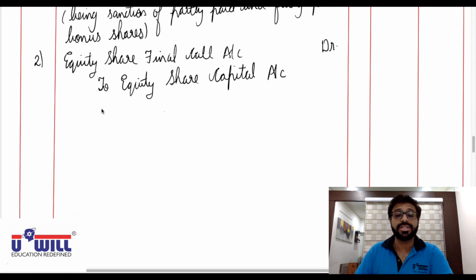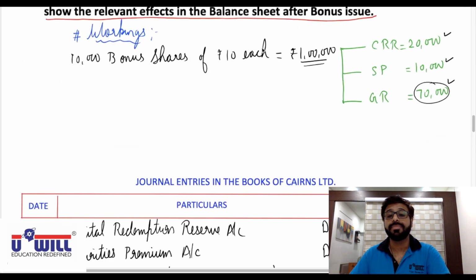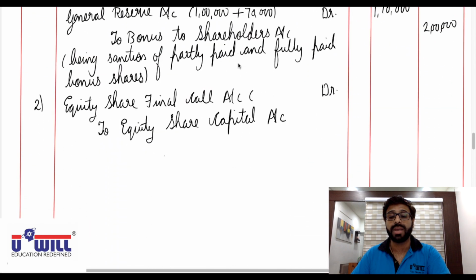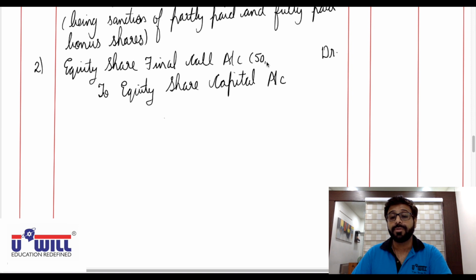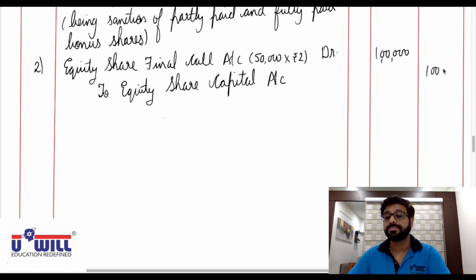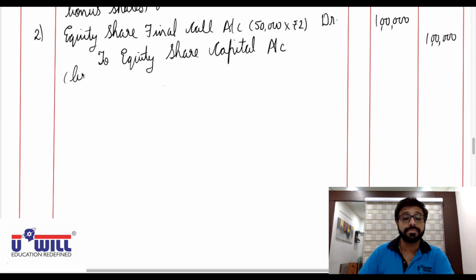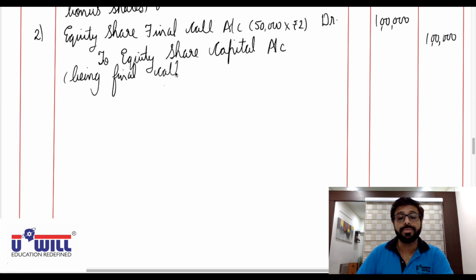Now what amount equity share final call to equity share capital? Same 1 lakh. 50,000 shares into 2 rupees of final call, so 1 lakh. 50,000 shares into 2 rupees of final call, 1 lakh rupees. Being final call money due.